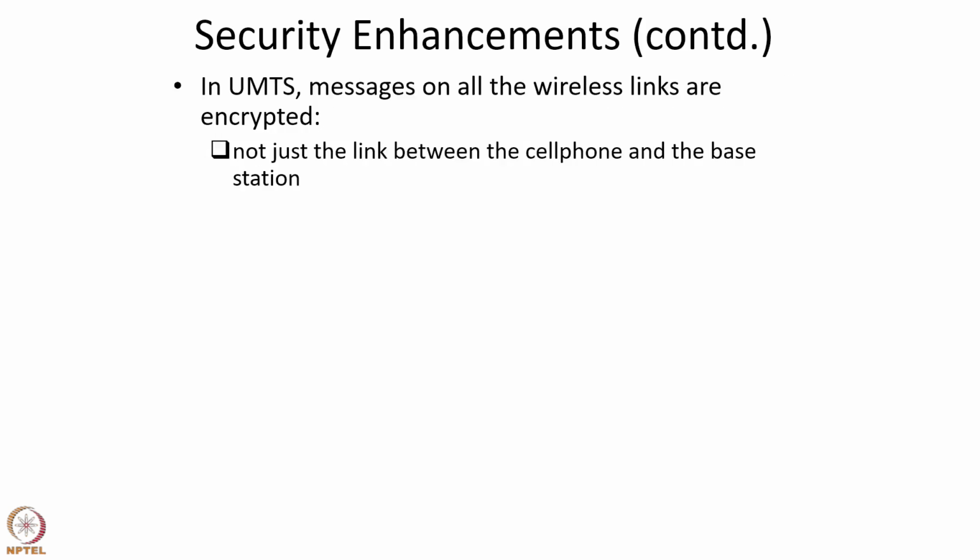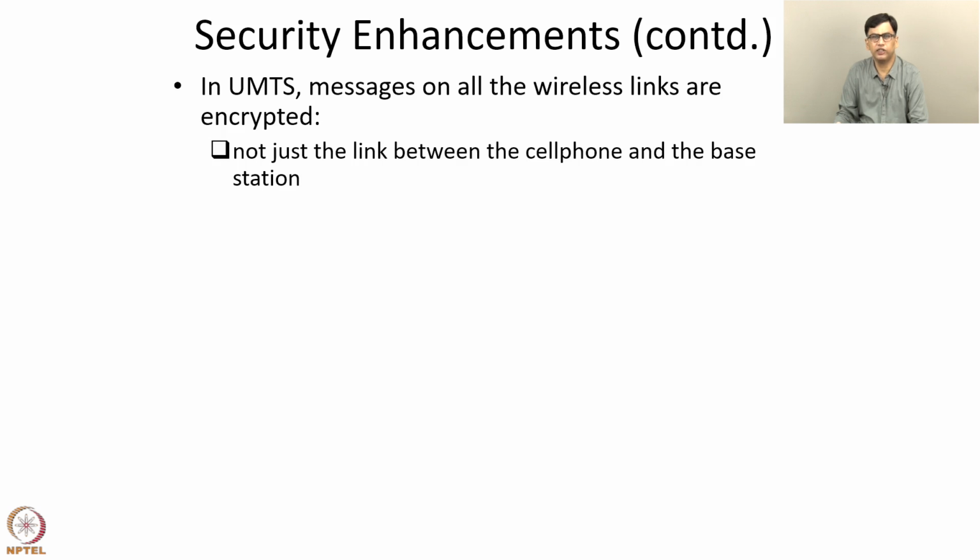So another feature in UMTS is that messages on all the wireless links are encrypted, not just the link between the cell phone and the base station. We discussed that in the case of GSM, only the messages between the cell phone and the base station are encrypted, but often the link between the base station and the base station controller or BSC, that is also a wireless link, in particular a microwave link.